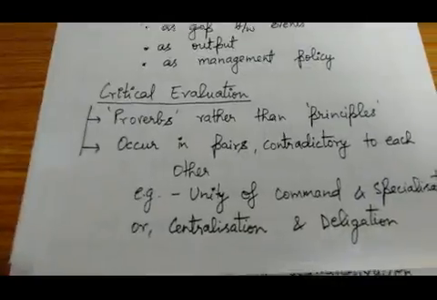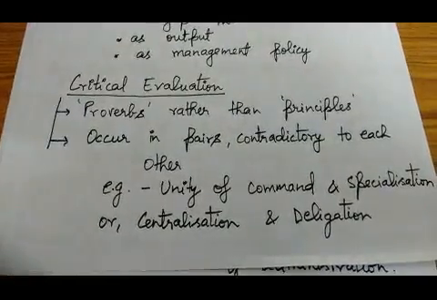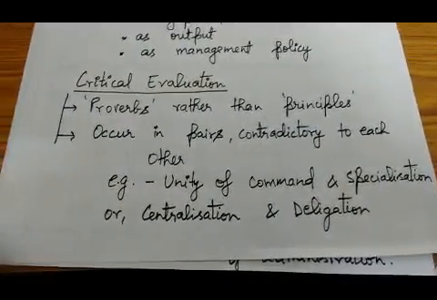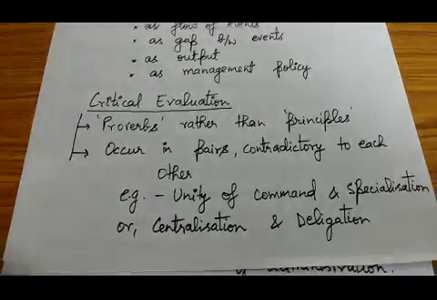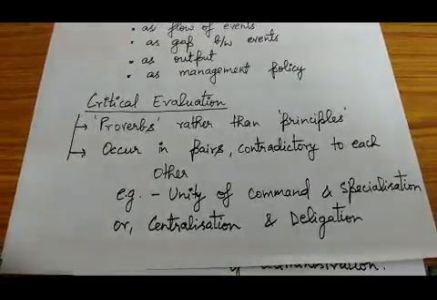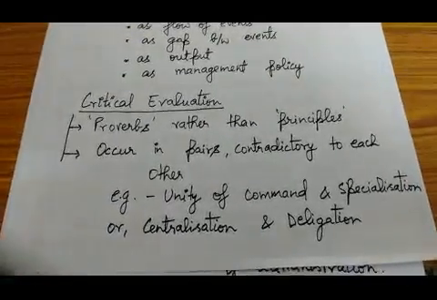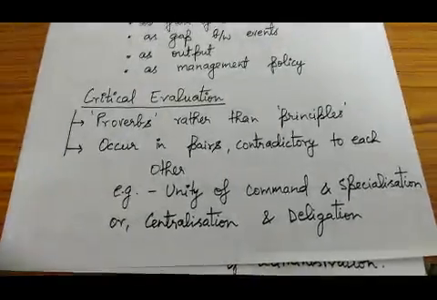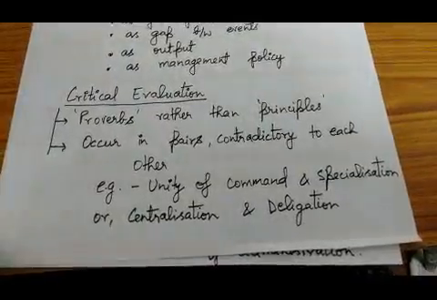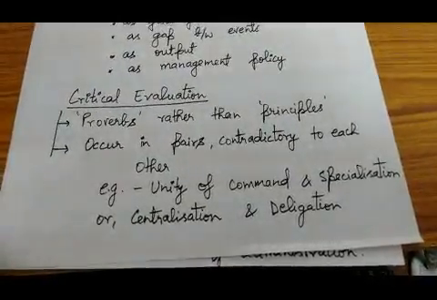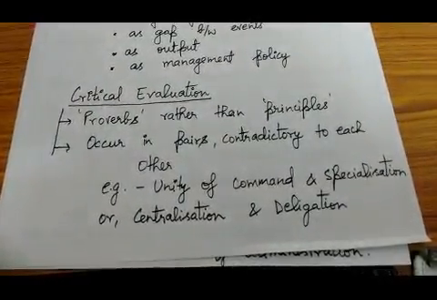Then we will see the critical evaluation of this thinker. First, proverbs rather than principles. The principles that they have given were already shown by Simon not to be principles; they are mutually countermanding each other. They occur in pairs, contradictory to each other. For example, unity of command and specialization. In some organizations, some specialist people are there.